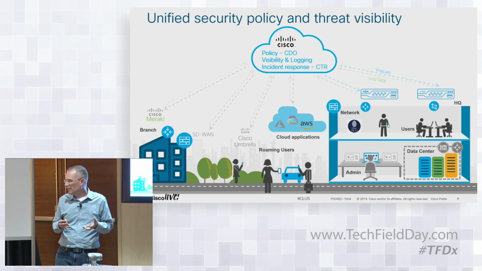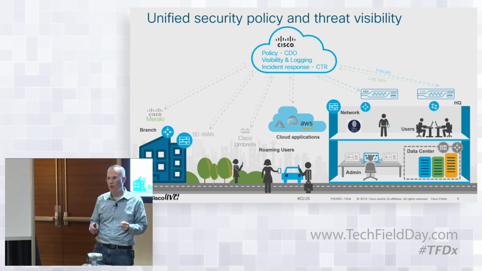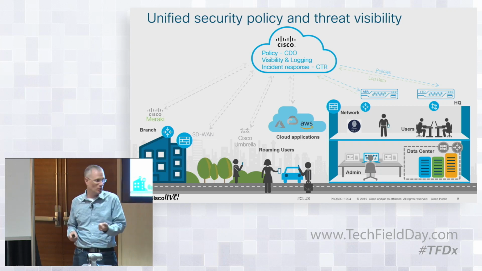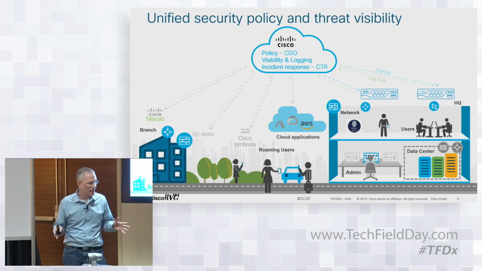Why not use the cloud for that? We can scale, we can talk to all of these places, and we can deploy a change at once by doing one click and deploying to all of them in a consistent way.